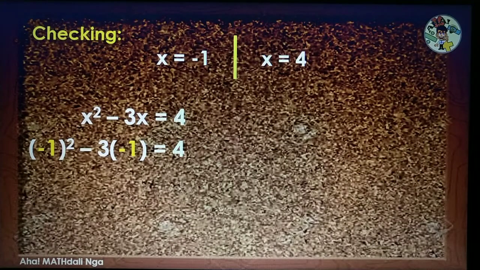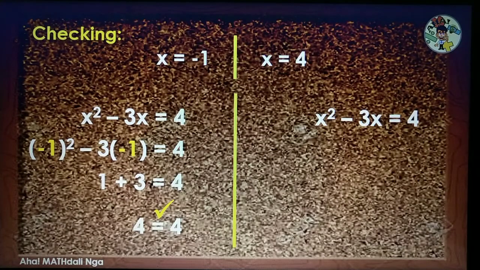Simplify. Negative 1 times negative 1 is positive 1. Negative 3 times negative 1 is positive 3. Equals 4. 1 plus 3 is equal to 4, which is equal to 4 at the right side of the equation. Let's try if 4 satisfies the equation. X squared minus 3x is equal to 4.